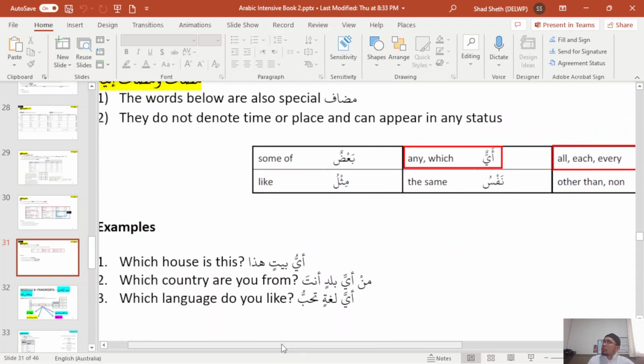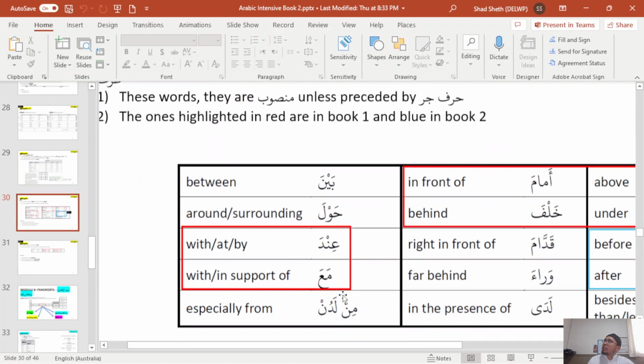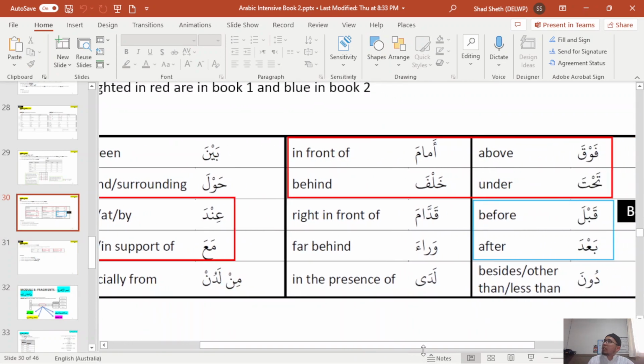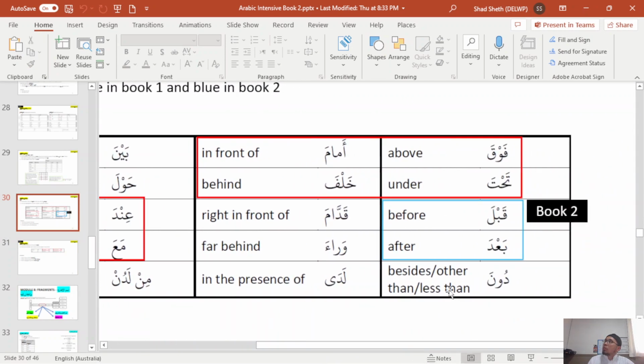So you might remember this table from book one. Now, there are two things that we're going to add into our vocab, which are before and after. So we say zarf, right? Remember the zarf for mudaf? It can be zarf makan or zarf zaman, which is place or time.